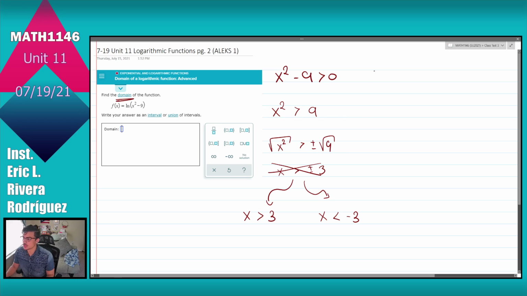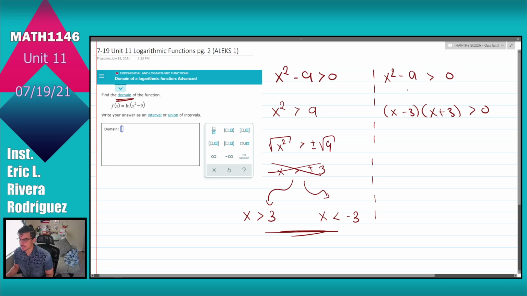We could do another thing to understand this conclusion better. We have been working with polynomials in the past units, so we could use those properties. So we have here the factorization of the quadratic polynomial x squared minus 9.